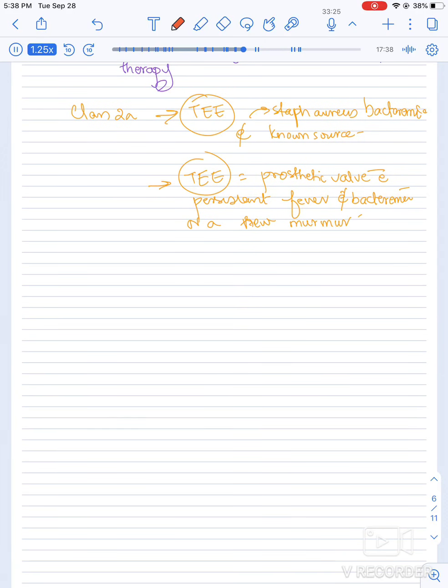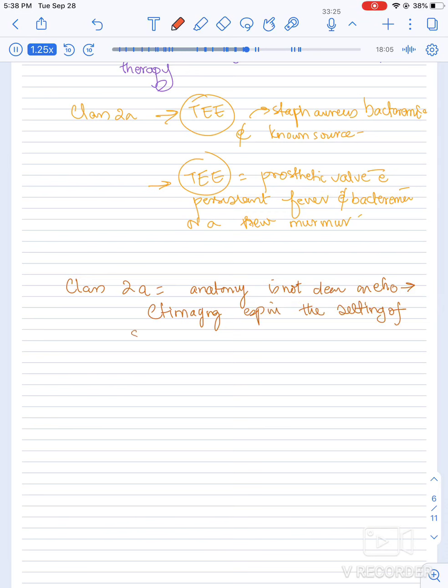Now changing gears, but still talking about the class 2A recommendations, if the anatomy is not clear on echo, then one can consider CT imaging, especially in the setting of suspected paravalvular infection.